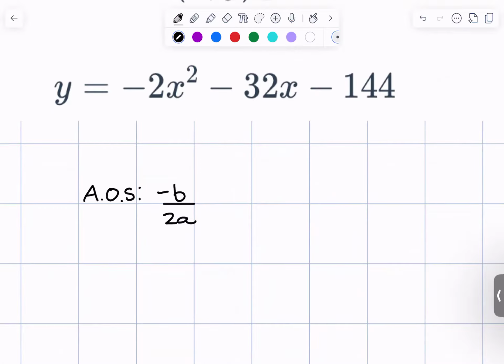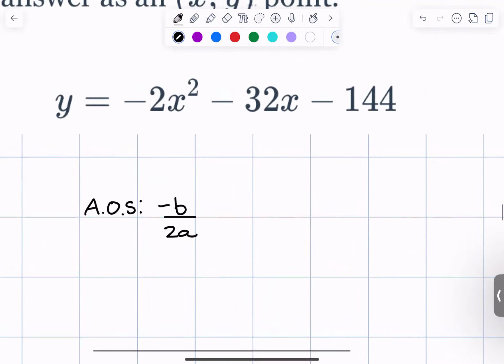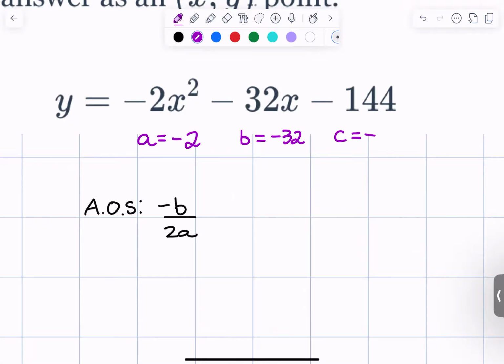My a will always be the coefficient of x squared, my b will always be the coefficient of my variable x, and my c value will always be the constant. I know that we're not going to use c during this whole process, but I want you guys to get used to getting c, because we are going to use that later on.